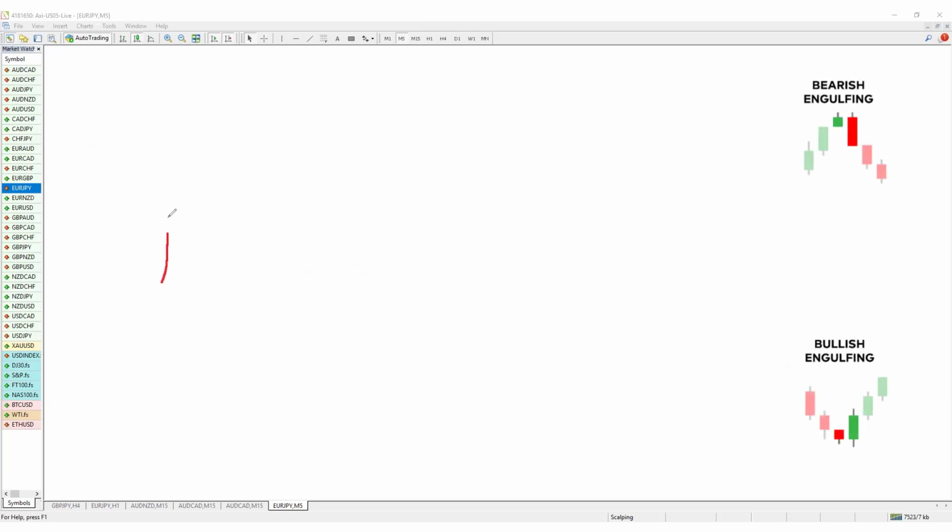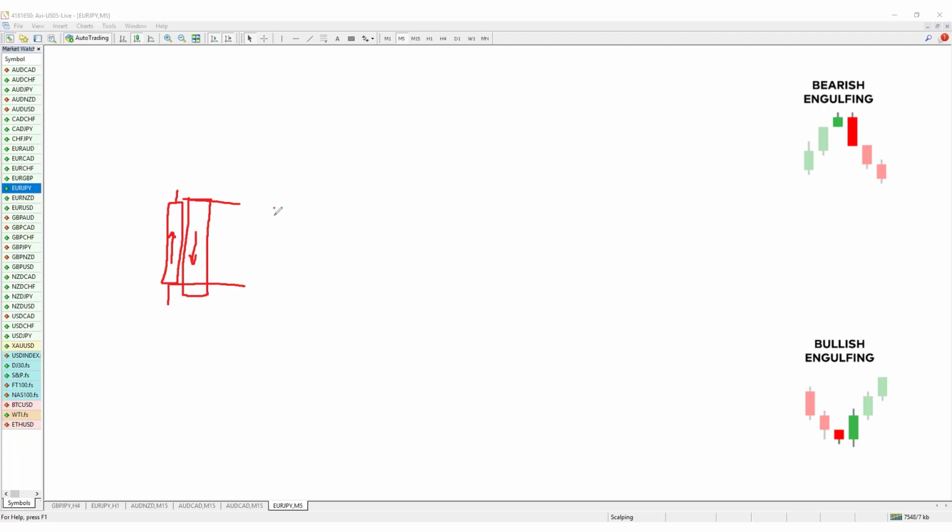You have a candlestick that's pushed up, and it can have a wick either side, doesn't matter. Then you have another candlestick where the body is longer than the previous candlestick. This one is going up, this one is coming down, and that is a bearish engulfing. The whole candlestick is engulfing the previous one.